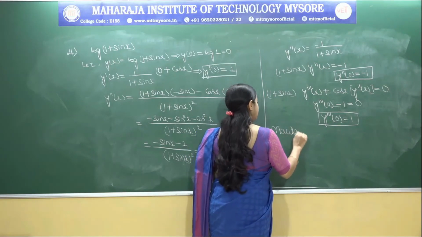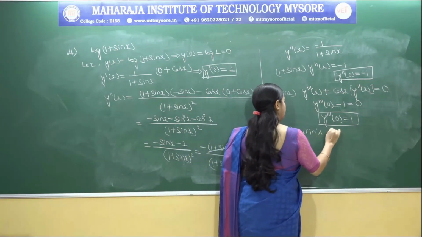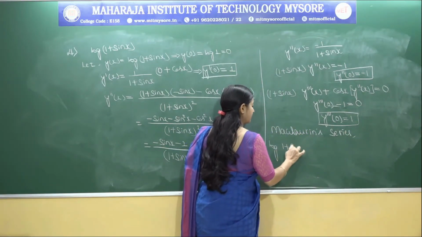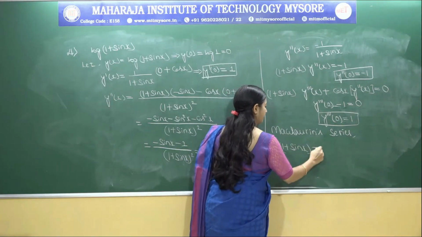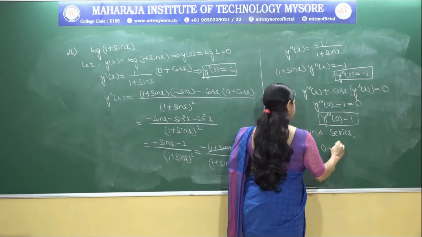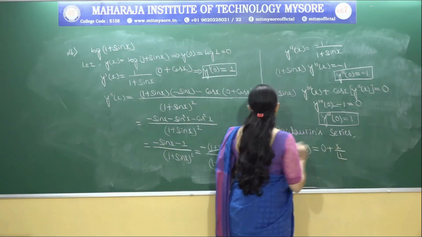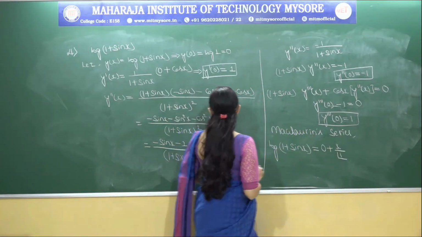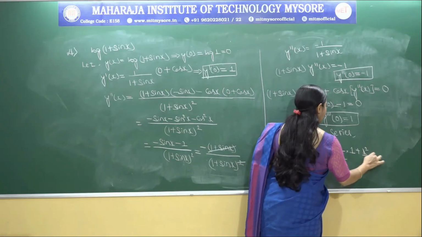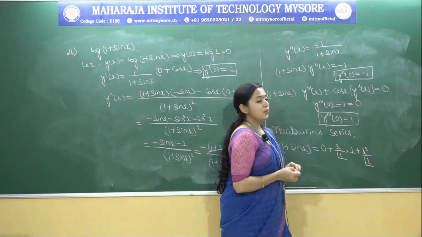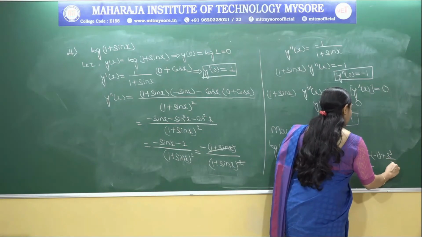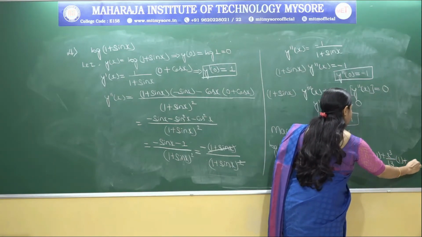So I directly write the Maclaurin series for log 1 plus sin x equals, first y of 0 equals 0, x by 1 factorial, the y dash of 0 equals 1, x square divided by 2 factorial, the y double dash is minus 1, x cube divided by 3 factorial, the third derivative is plus 1.